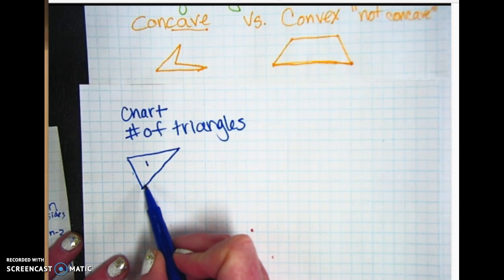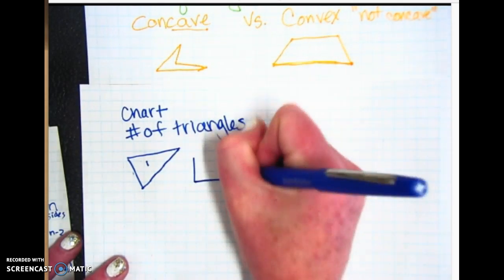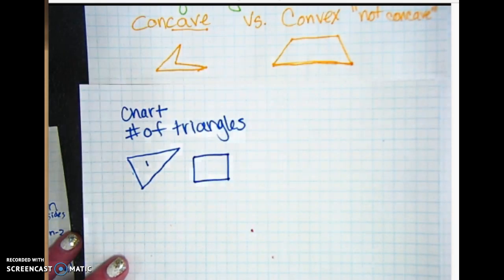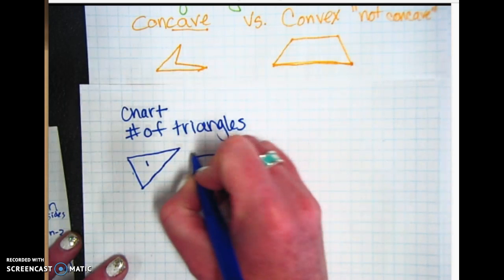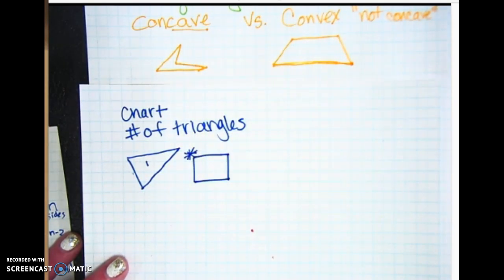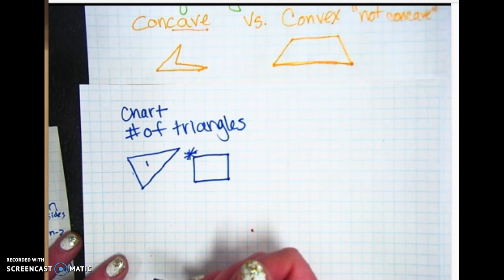If this has 3 sides, the next one is going to be a quadrilateral with 4 sides. So we're going to pick a vertex. I like this one right here, but you can pick any of the 4 vertices that you like. And you're going to draw in as many diagonals from that one vertex as you can.